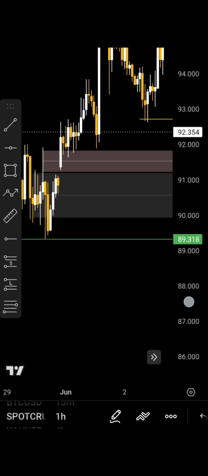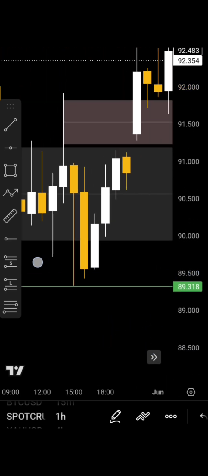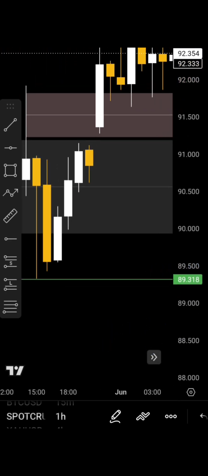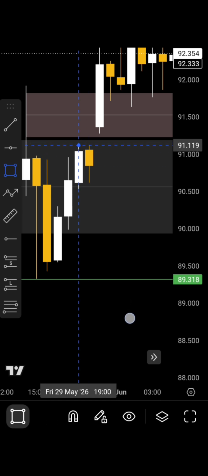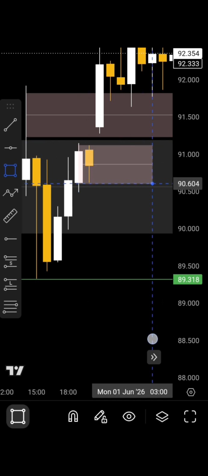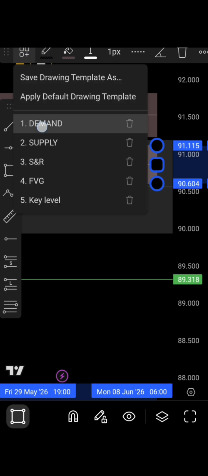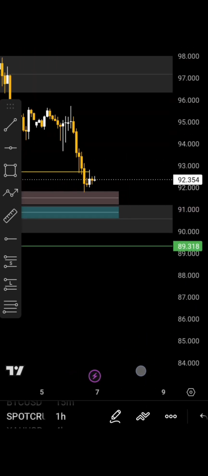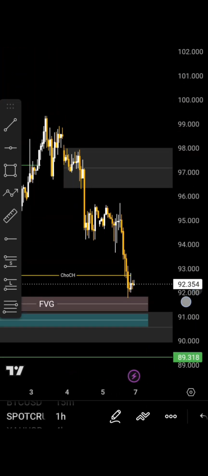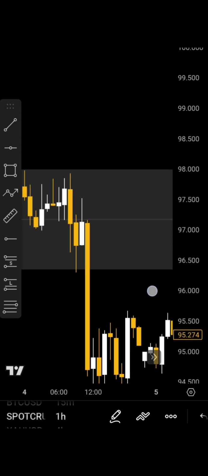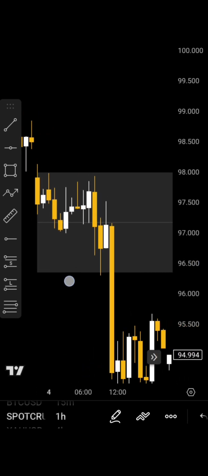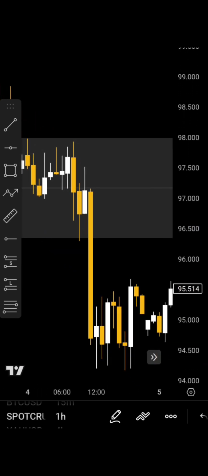In the 1 hour time frame, we are going to find that our demand will be here. This is going to be our demand area, so let me just quickly mark it as demand, right? And then the supply area is going to be here.